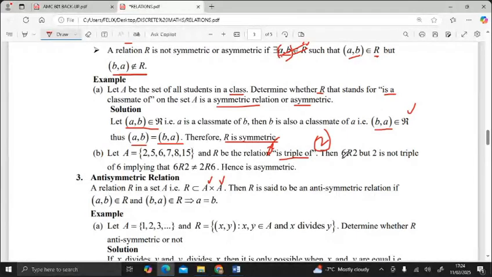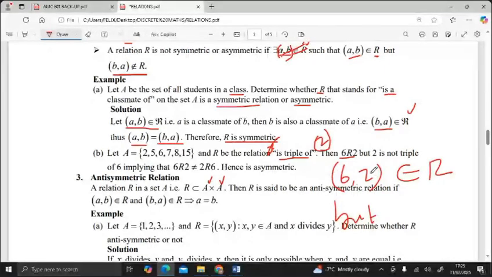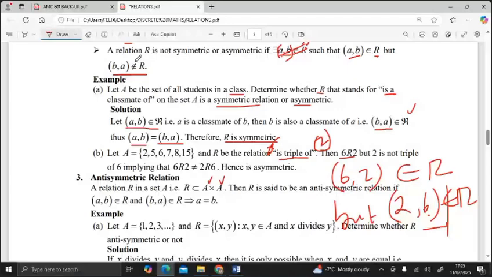But if we start from here, 2 is not triple of 6. It is a third of 6. It is not triple of, and therefore does not satisfy that. It means (6, 2) is in R. But (2, 6) is not in R, because 2 is not triple of 6.